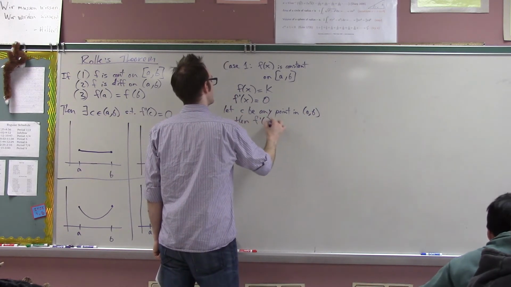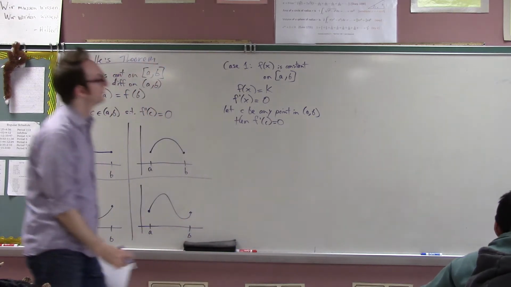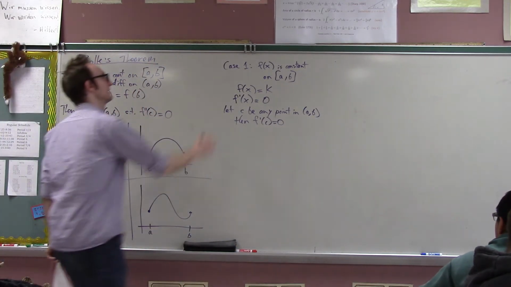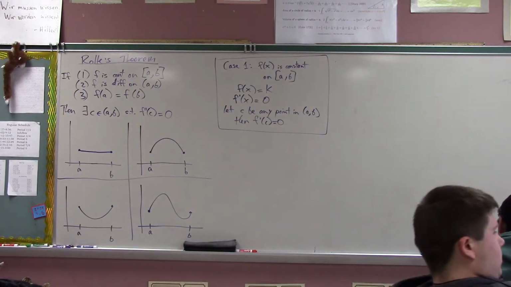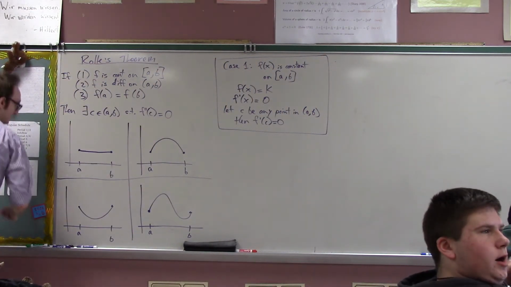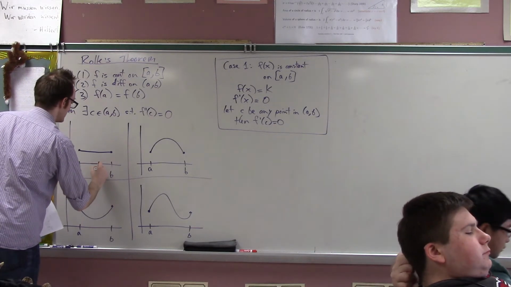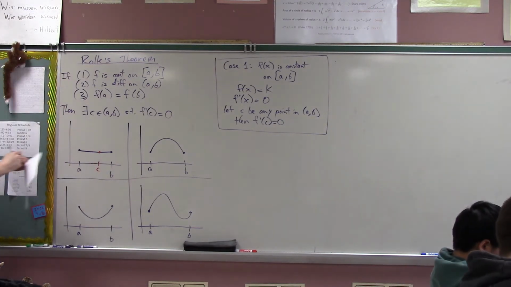Then f prime of C is 0. All right. So I've succeeded in showing that somewhere the derivative is 0 if the function is constant. Okay, that was just the trivial, boring case.